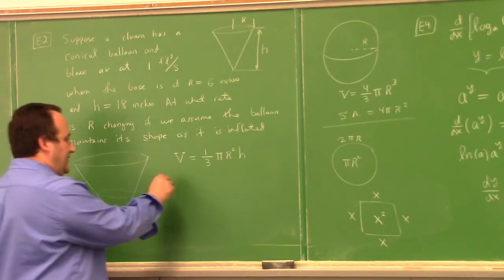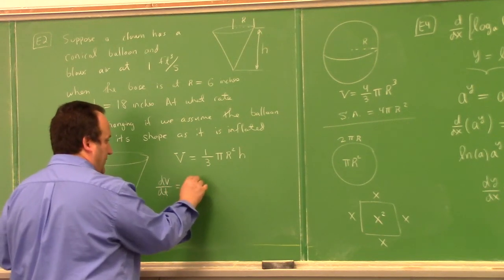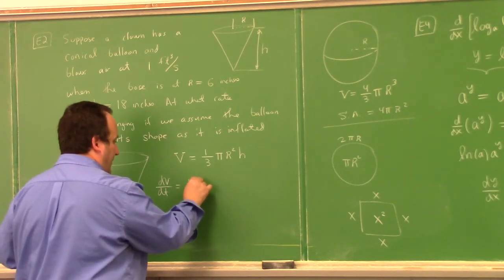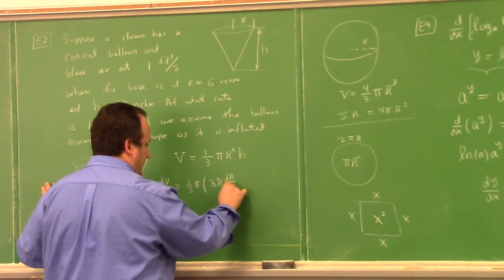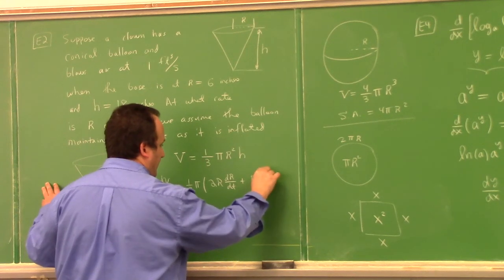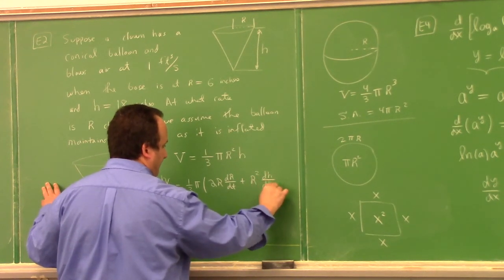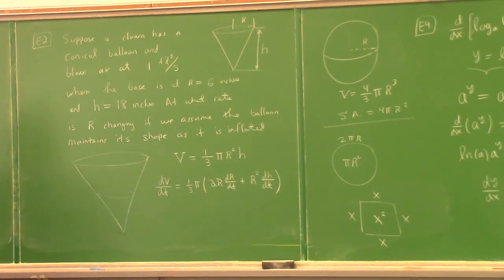we have dV/dt equals 1/3 pi times 2r dr/dt plus r squared dh/dt. So I think what I should have done, because we were kind of short on time, is change the problem statement a little bit.